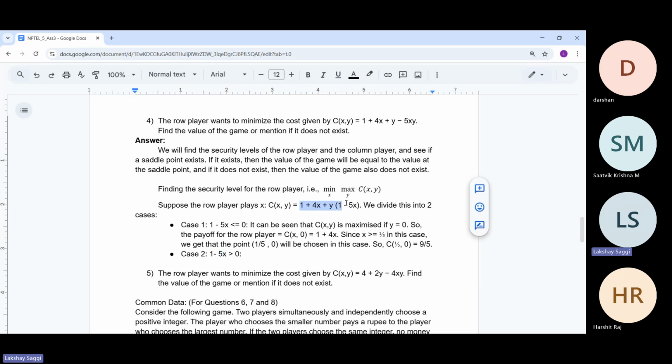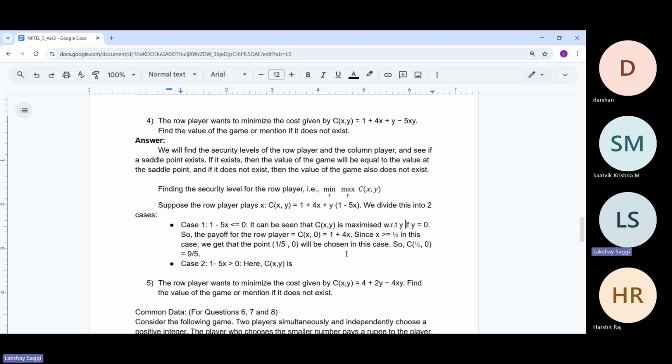In those cases, as Harshit also typed in chat, this 1 minus 5x will be positive. And if it is positive and the column player wants to maximize the value c(x, y), then the column player will choose y equals 1. So here c(x, y) is maximized with respect to y if y equals 1.